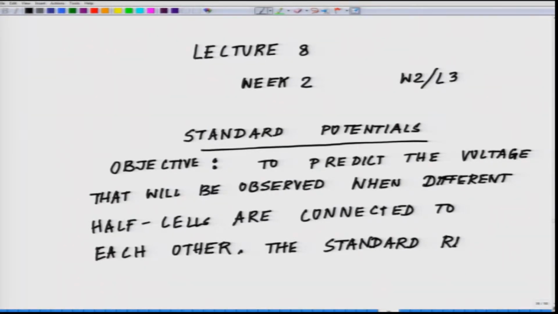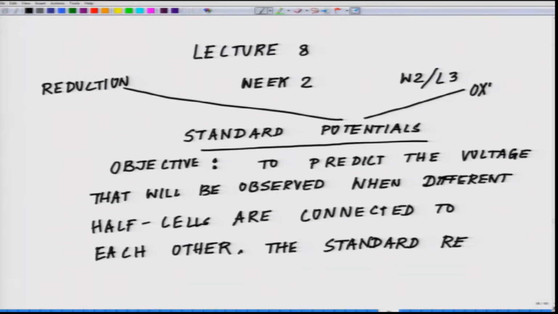When we talk about standard potential, it could be standard reduction potential or standard oxidation potential. I told you that you have to go by one, and based on that, you develop the chart.